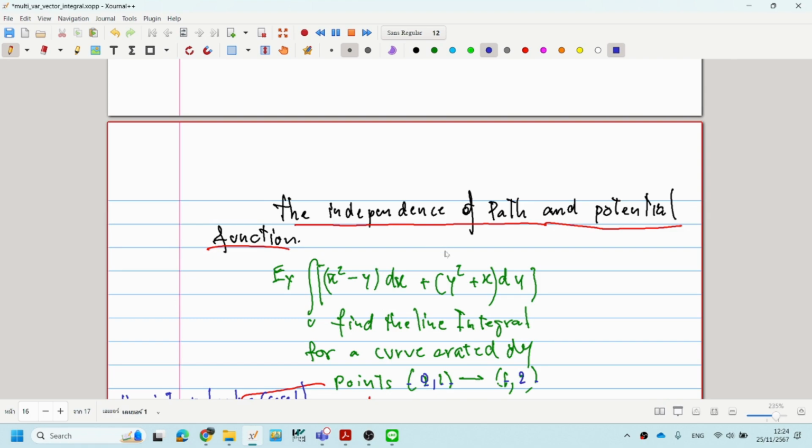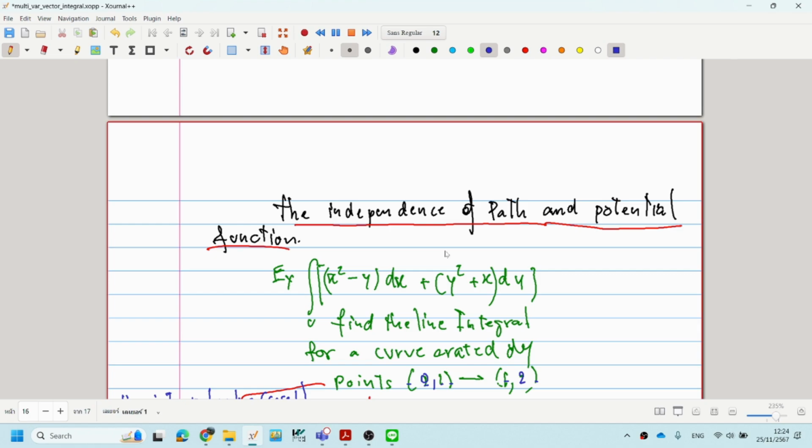You must check the f vector, because maybe some f vector is special. It can be solved by the potential function. Use the potential function to solve it, and you get the result. It never depends on the path, just on whether the start point and the end point are the same.